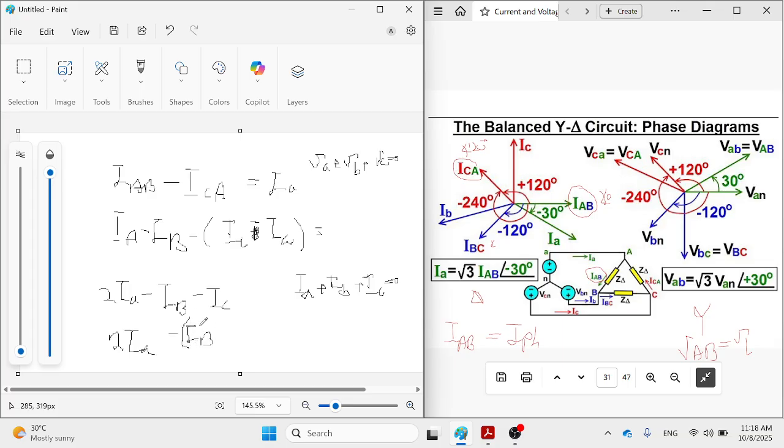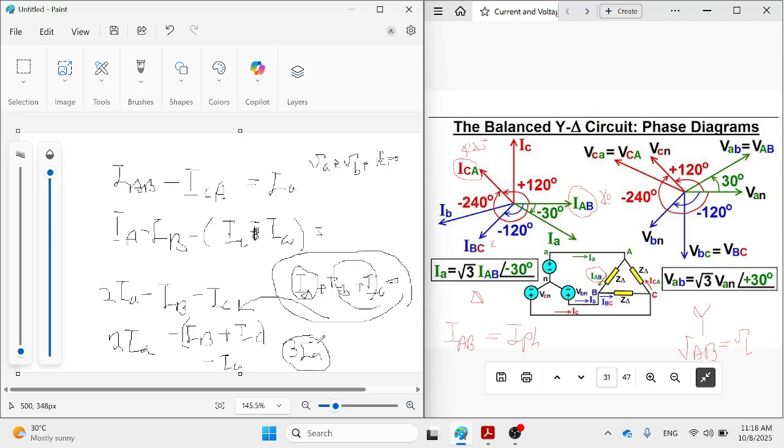I just make IB plus IC, correct? So IB plus IC is equal minus IA, correct? I just use this formula and put it by here. Then I have 3IA, which is the line current, okay? Which is the line current.